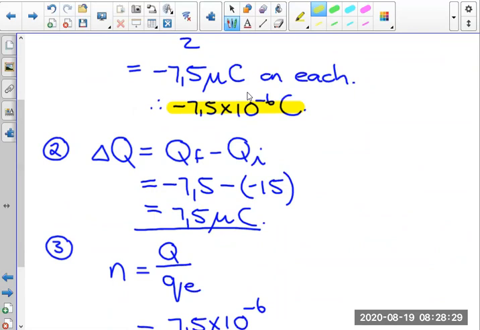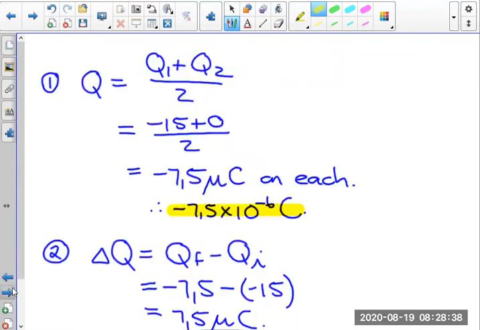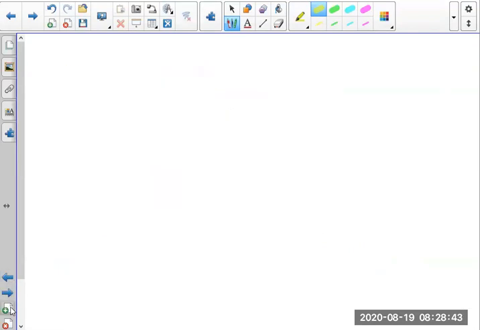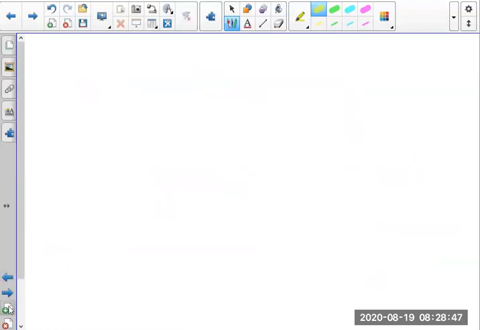And now they want us to draw, so the question was to draw the electric field pattern around 2 charged spheres after they are separated. So that means between 2 negative point charges.